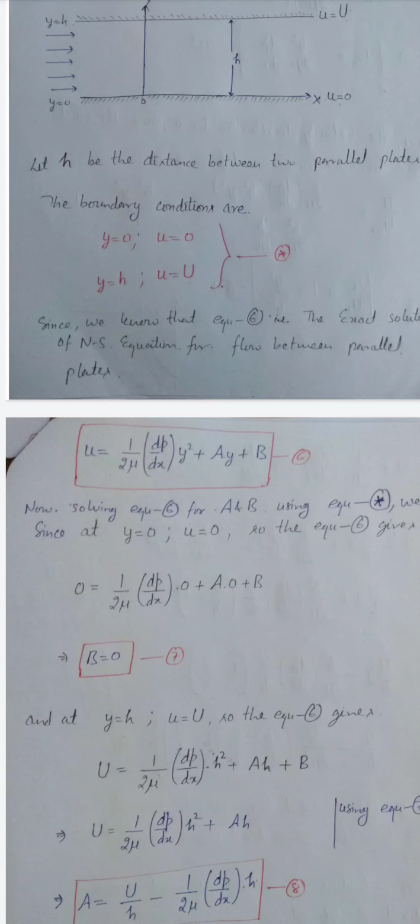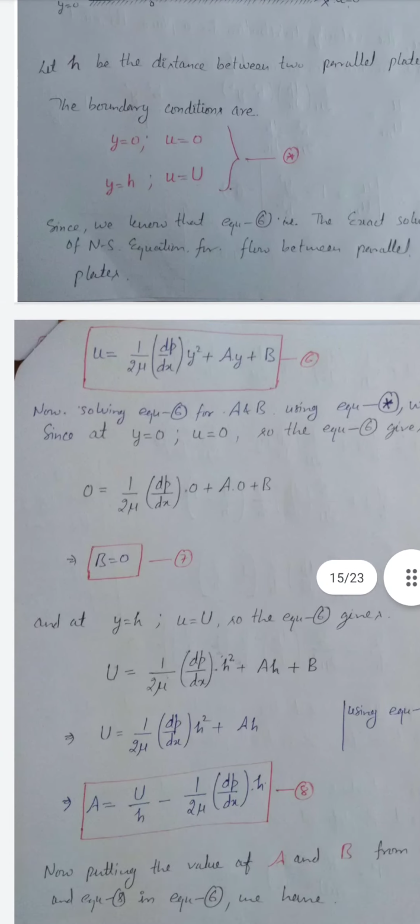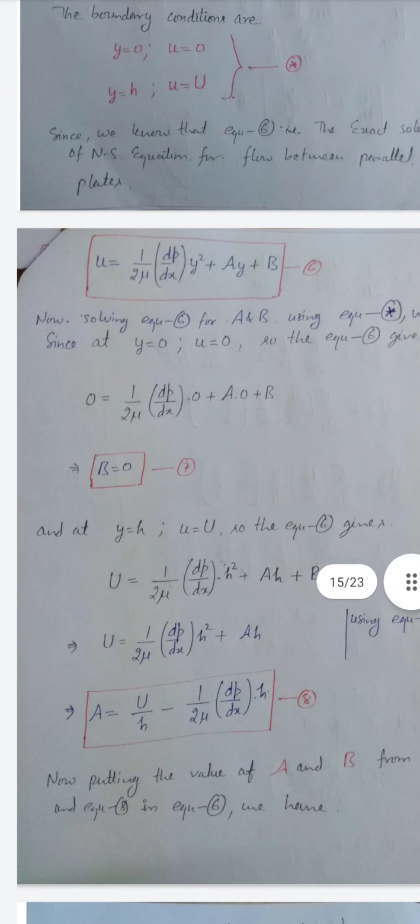Therefore we get h squared plus ah plus b, and from here we get u is equal to this one. We have to find a is equal to, कर लिया हमने rearrangement, a is equal to U upon h minus 1 upon 2 mu dp by dx into h.